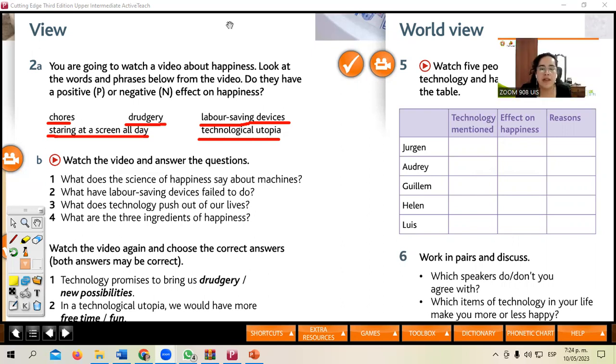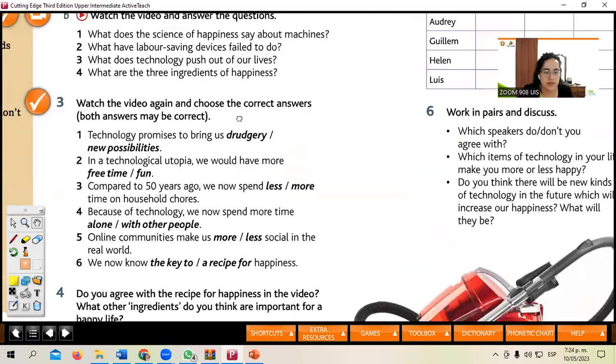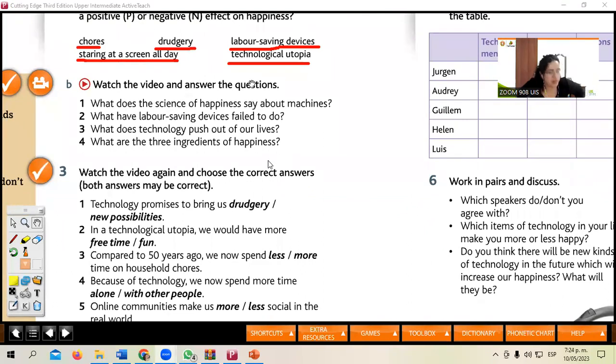Okay, then Maveli, for the second question, what have labor-saving devices failed to do? I don't have the answer, teacher. Okay, let's see any student that has the answer for the second question.